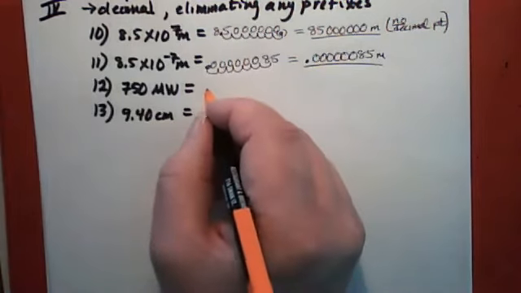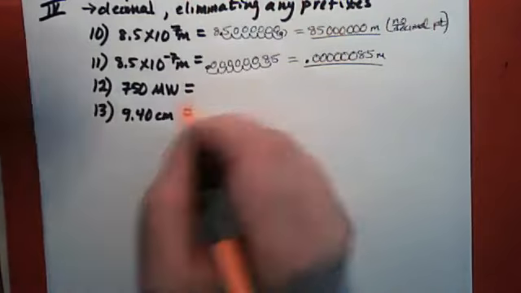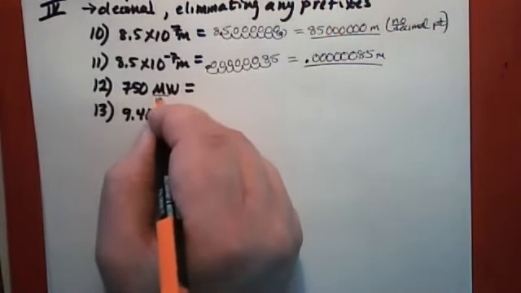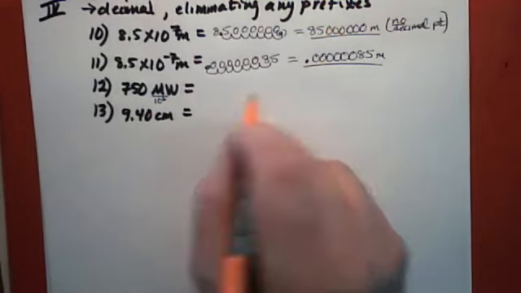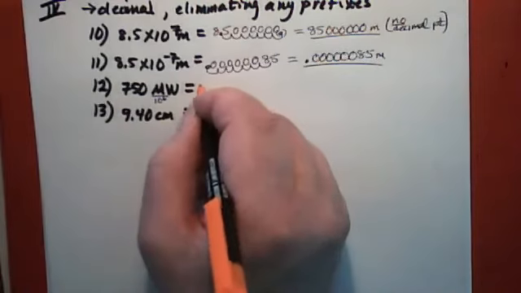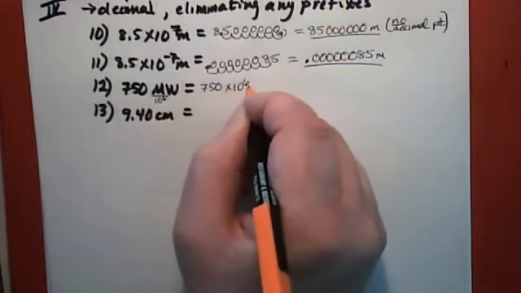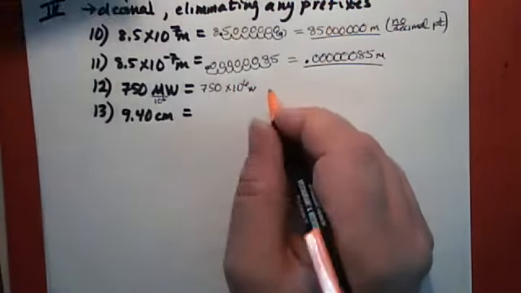For 750 megawatts, this has a metric prefix, so we would want to replace that with 10 to the 6th first, and then we can change to the decimal form. So this is 750 times 10 to the 6th watts.